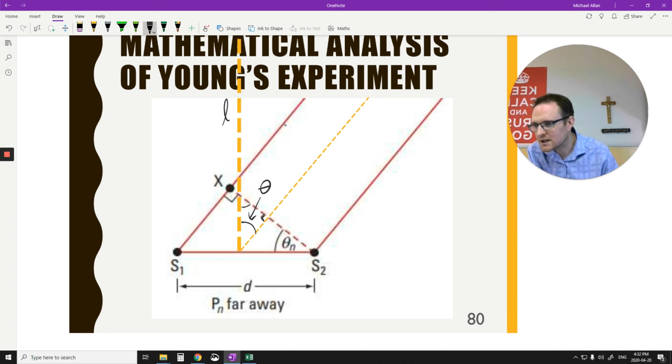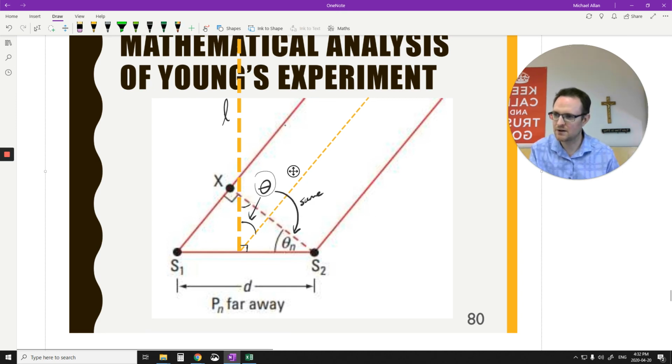If I know that angle and that this angle down here is 90 degrees, then this angle that I've drawn here is the same as that angle. It just happens to work out mathematically. If you want to go through it, you can find out the mapping. There's a proof for it later, if you want to do a proof for it, you can.